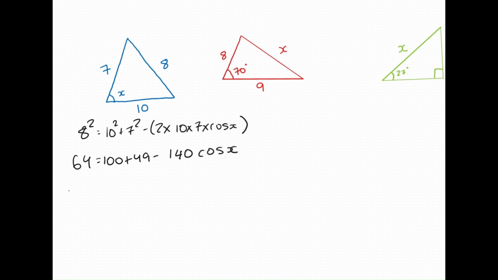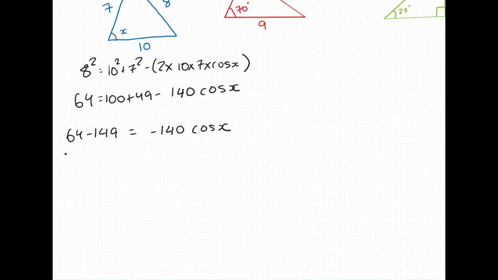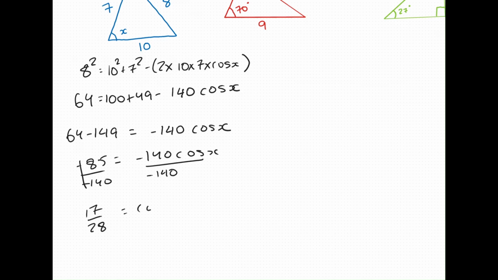So 64 minus 149 equals minus 140 cos x, and you'd get minus 85 equals minus 140 cos x. You'd divide both sides by minus 140, so the minus would cancel out, and you get 17 over 28 equals cos x.